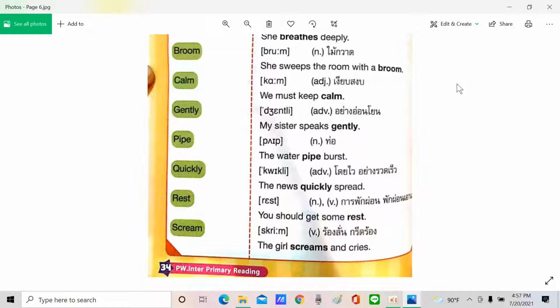Again, broom. The next word that we will learn is the word calm. With this word you do not have to pronounce the sound L. This is silent L, so you don't say "call-m", but calm.